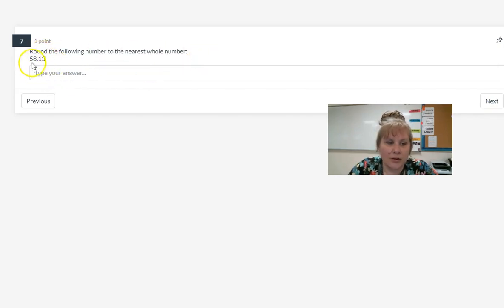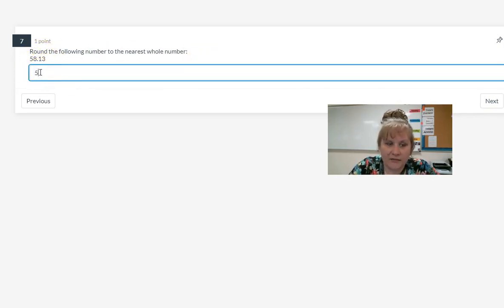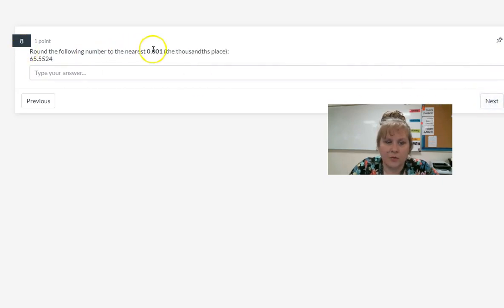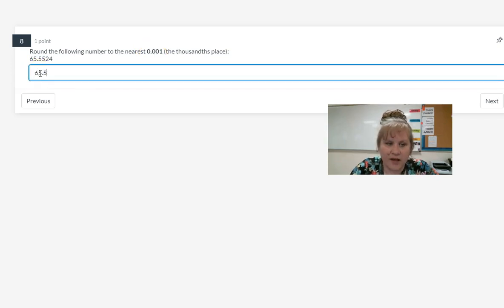Round to the nearest whole number, 5, 8 is what we're looking at. The next digit is a 1, so it stays an 8. Round to the nearest 0.001, the thousandth place, 65.55, and it's going to stay a 2.